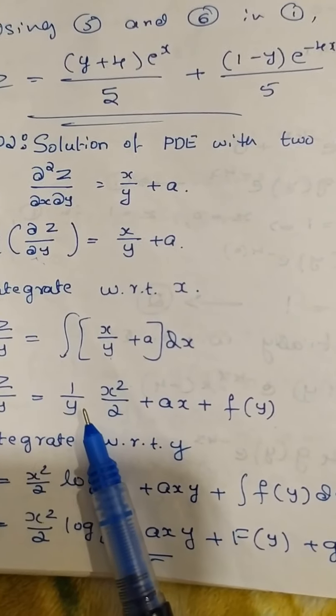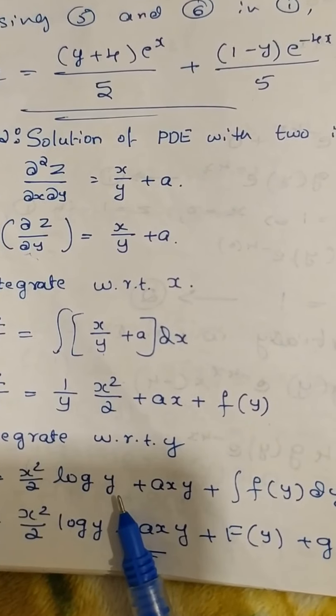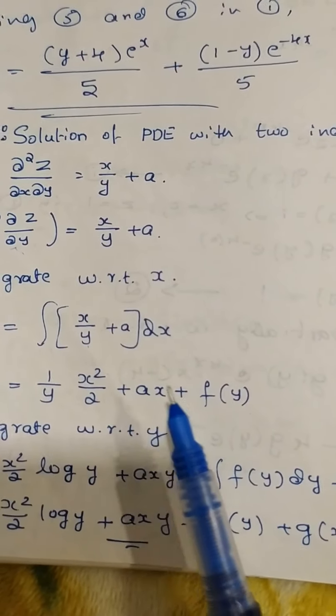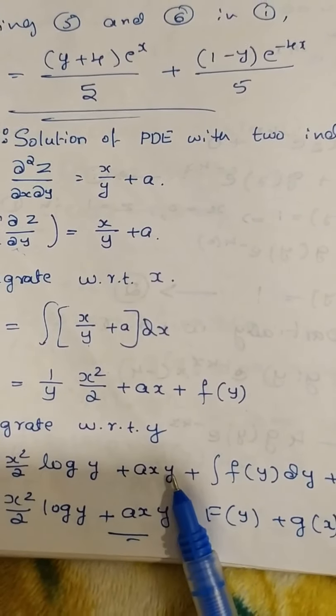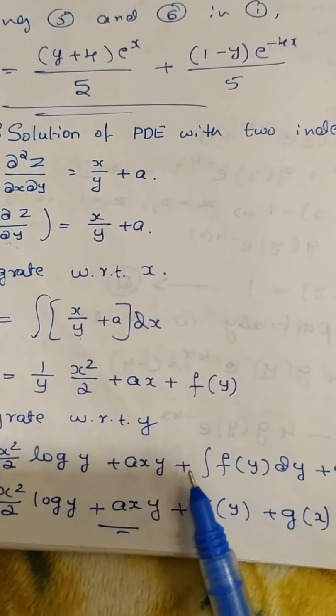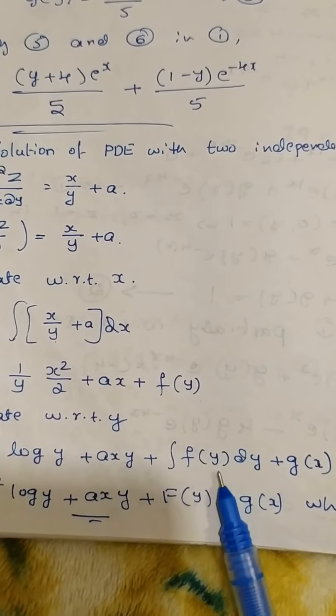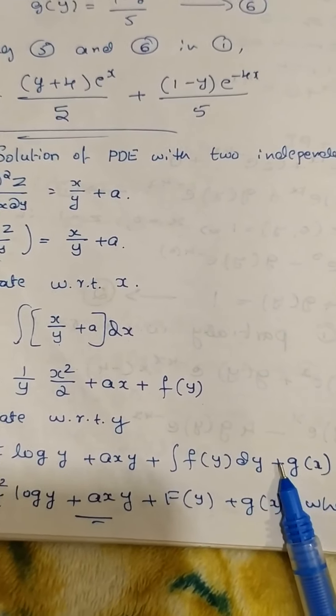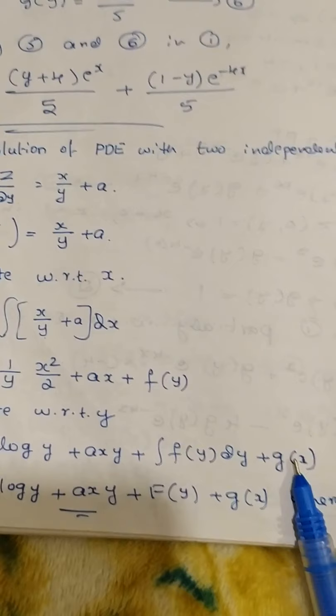Integration of 1/y with respect to y is log y. Integration of ax with respect to y is axy. Plus the integration of f of y with respect to y, plus the last term, which is always an integral constant.